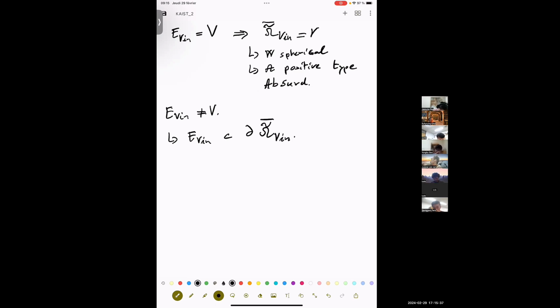Okay. And now I use my previous proposition, and the proposition tells me that I Vin is rho invariant. So either I Vin is included in V alpha or V is included in I Vin.